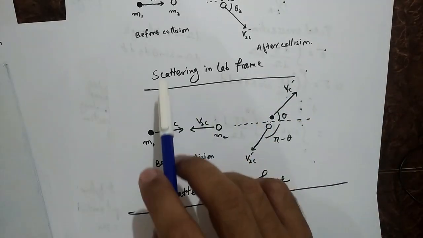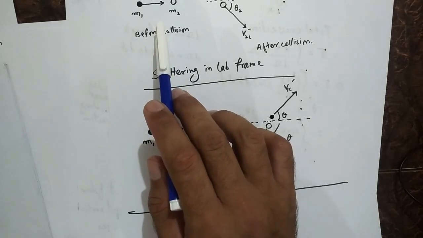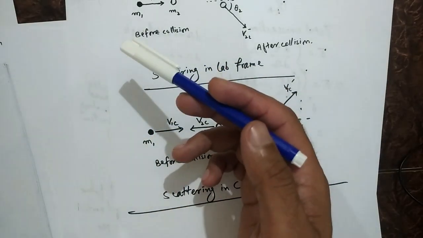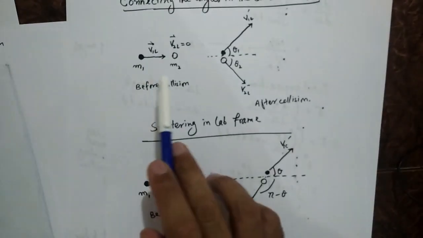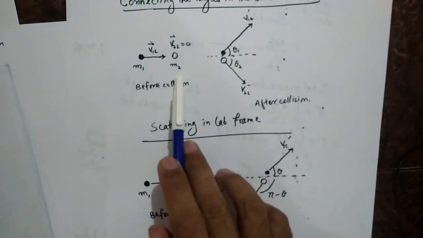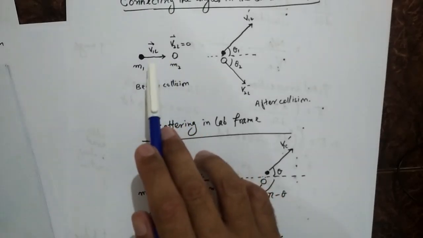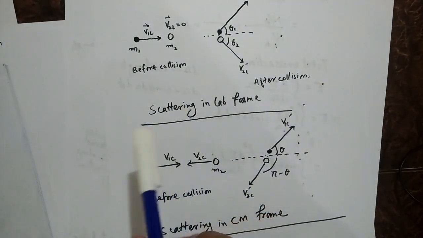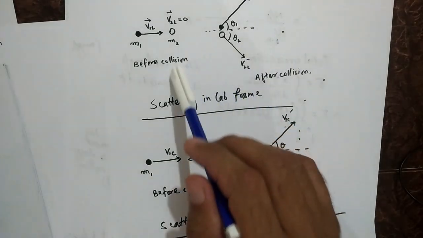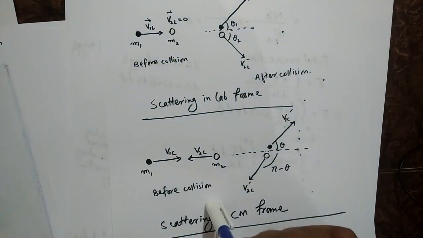For this purpose, let us consider the scattering of two structureless and non-relativistic particles of masses m1 and m2. Here m2 represents the target, which is initially at rest, and m1 is the projectile. In this figure, here is the lab reference frame and this one is the CM reference frame.